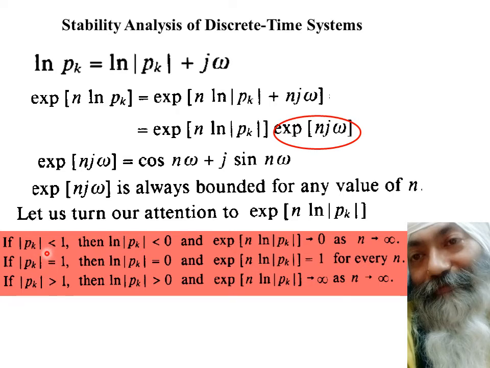So any of the three cases, let it be less than 1, equal to 1, or greater than 1. But if this value of pk is less than 1, then log natural of that will be negative, right? So we see that log natural of this will be negative, and we have to take the exponential of something which is negative.